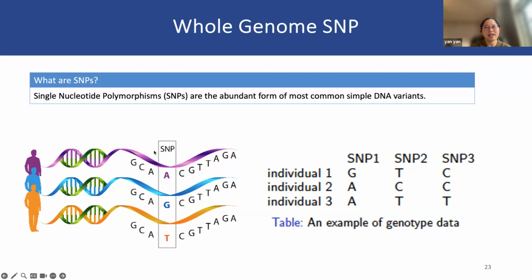And if we scan the whole genome, we will be able to identify different spots where different individuals have varied nucleotides. And then that could form a SNP data set. So each row is one individual and each column is a SNP.